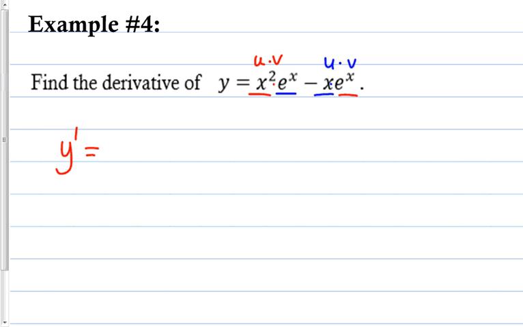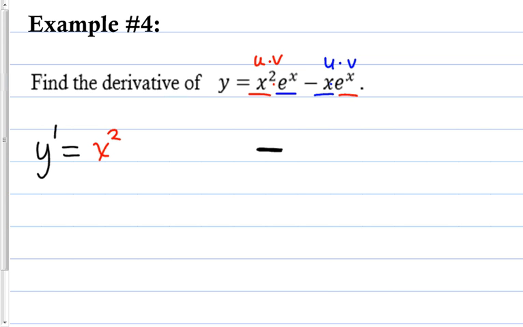All right, so I'm going to do the first part. I'm going to do that in red. Actually, here's y prime. So eventually, I'm going to end up with a minus, right, down the middle. Okay, I'm going to do the first part. So u times v prime. So e to the x is v.